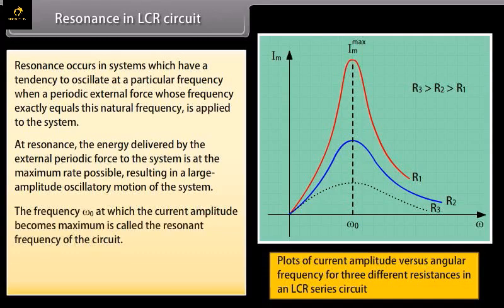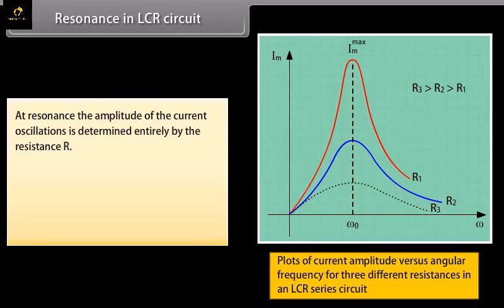The frequency omega naught at which the current amplitude becomes maximum is called the resonant frequency of the circuit. Omega naught is equal to 1 upon the square root of LC.